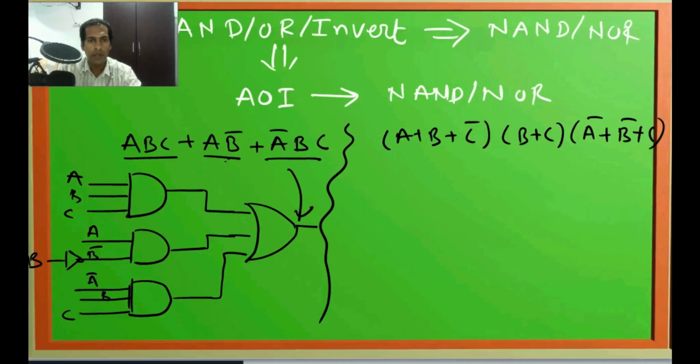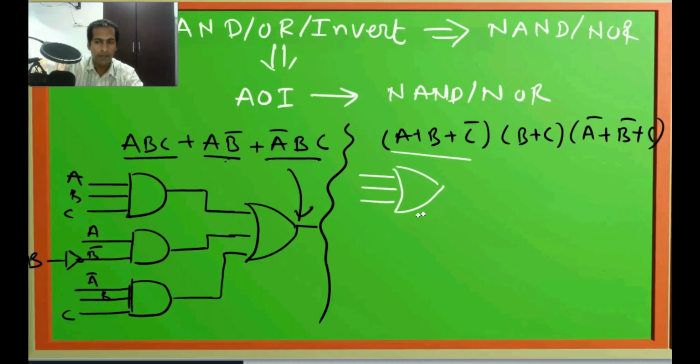The first, A plus B plus C bar: we give inputs A, B and C bar to an OR gate. Then this B plus C we give to another OR gate.